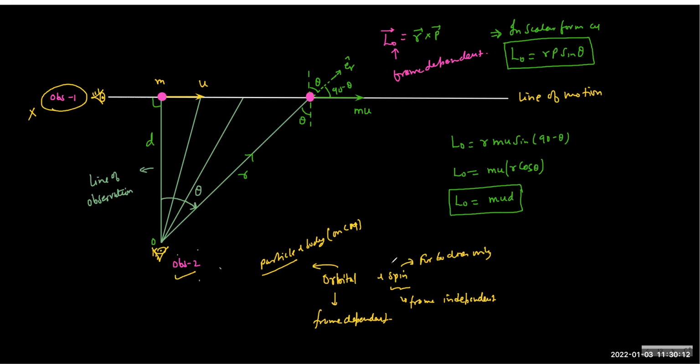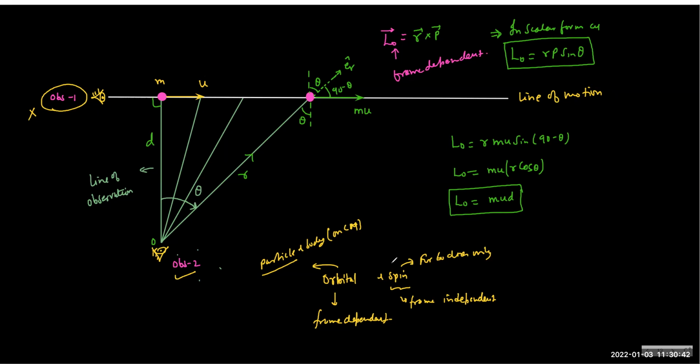And one more thing I can recall, if you remember Bohr's postulate, in that you consider the electron as a particle moving in an orbit, correct? The angular momentum of that electron with respect to the center of the orbit is mvr.